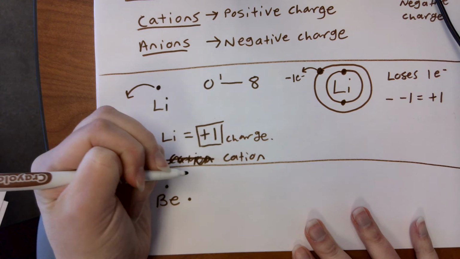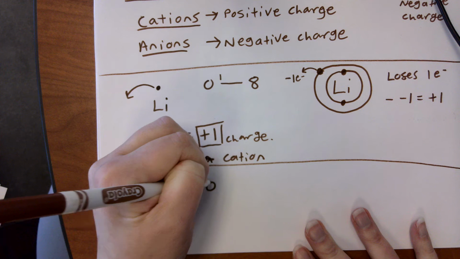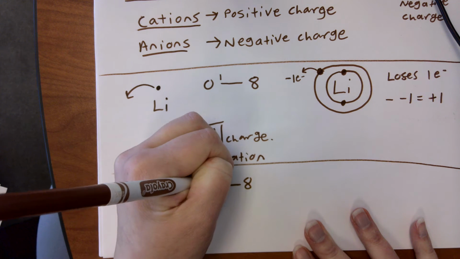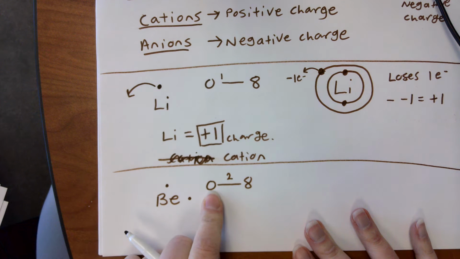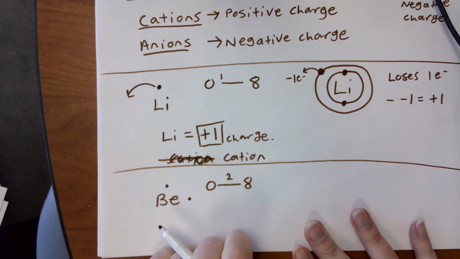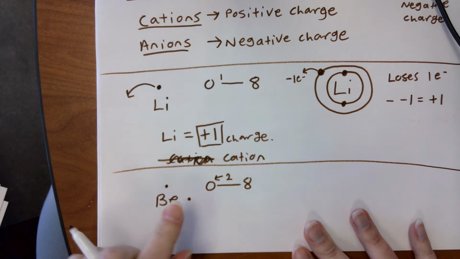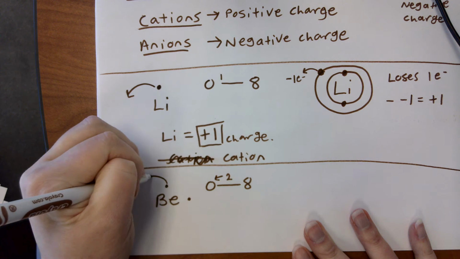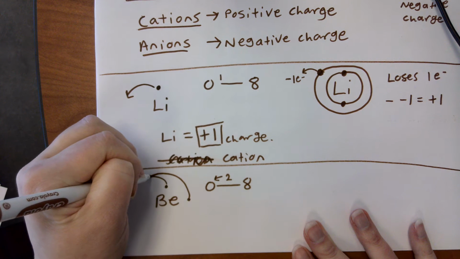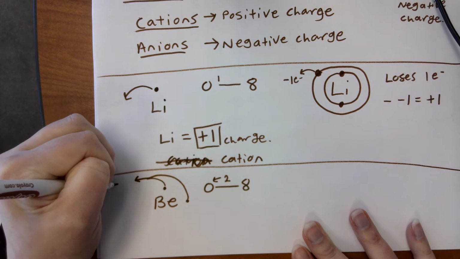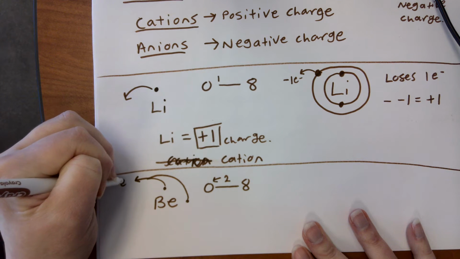Again, in its valence shell, is 2 closer to 0 or to 8? It's going to be closer to 0, so it's easier for beryllium to get rid of these 2. It loses those 2 electrons.